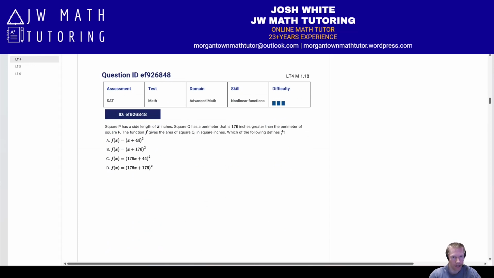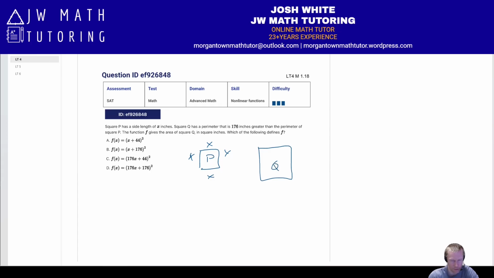Next up, question number 18. We have a square, square p, and its side length is x. We have a second square, and the second square has a perimeter 176 inches greater than the perimeter of the first square. So we have the second square, q. The perimeter of the first square is just going to be 4x, or side times 4 is the shortcut formula.